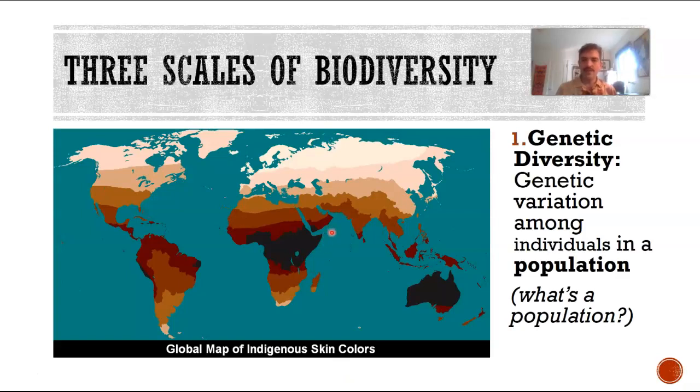Okay, so we have 3 scales of biodiversity, meaning that we have diversity in different levels in the environment. Genetic diversity is genetic variation among individuals in a population. A population includes members of the same species.